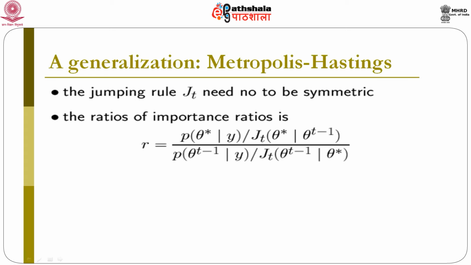In that case the importance ratio changes: instead of only p of theta star given y over p of theta t minus 1 given y, it becomes p of theta star given y over J_t of theta star given theta t minus 1, divided by p of theta t minus 1 given y over J_t of theta t minus 1 given theta star.